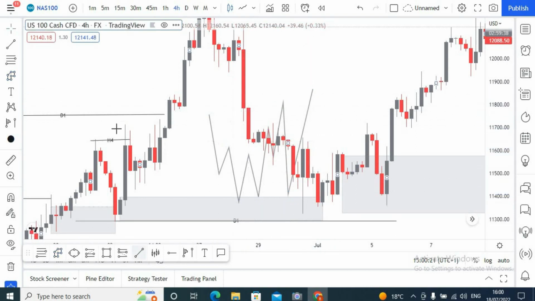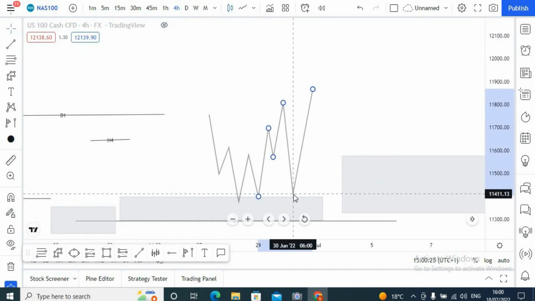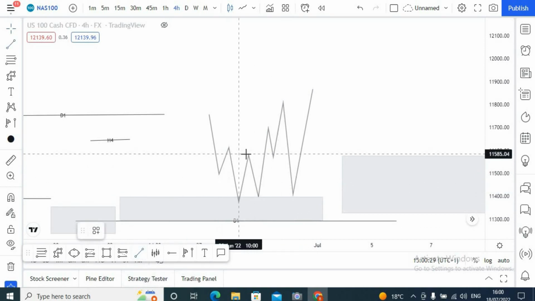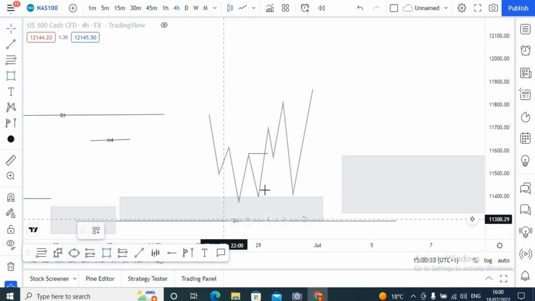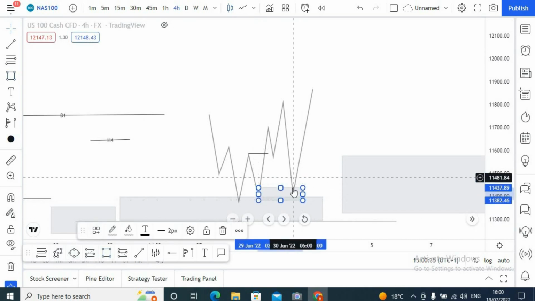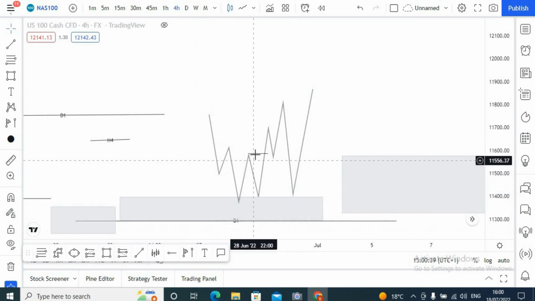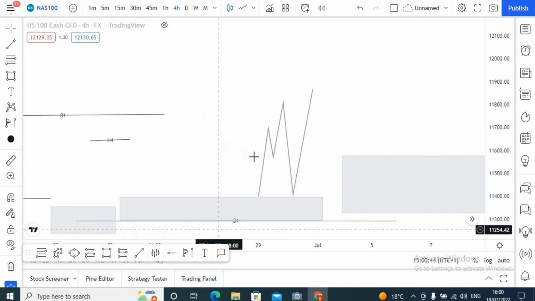So let me try to, yeah, something like this. So if price now comes back and mitigates this zone, it will now become a liquidity right here. So this will be your extreme point where you look for your entry, and then the price will continue going to the upside. So now let's go back to the chart so that we can explain more, right?